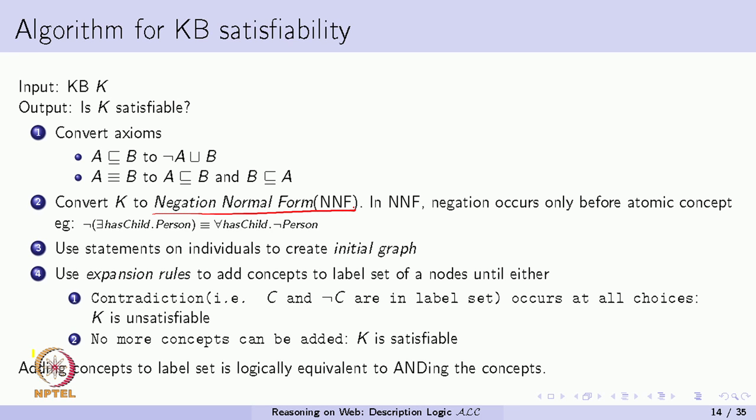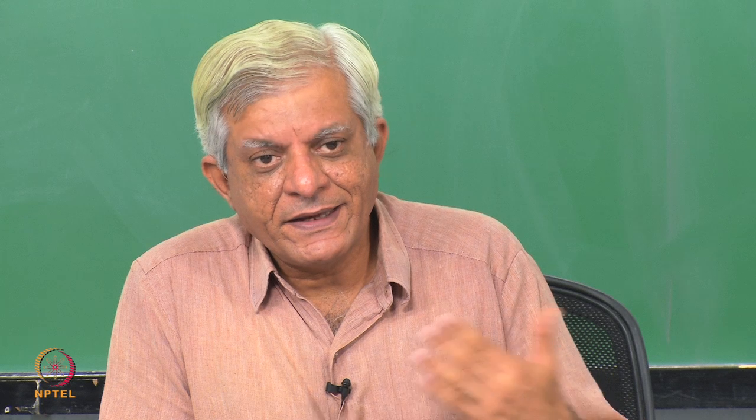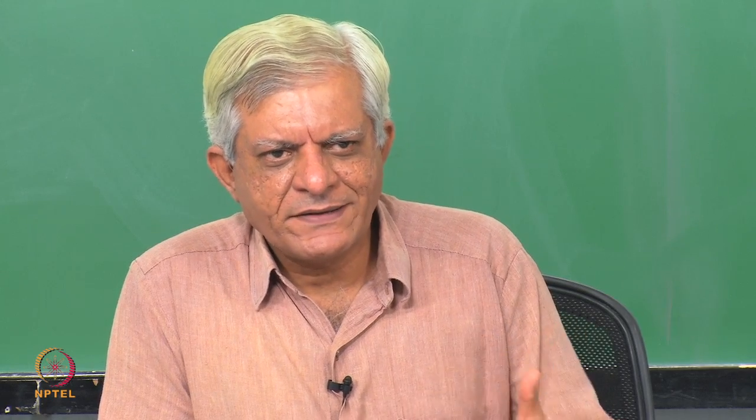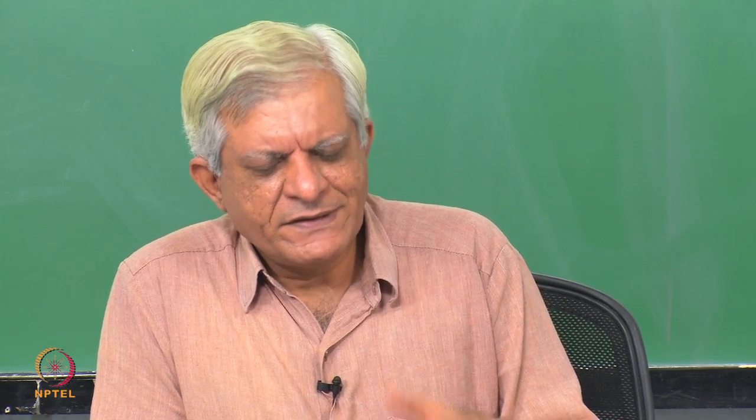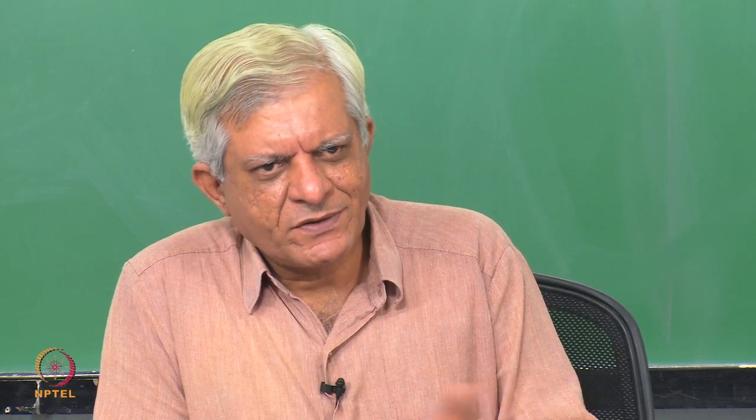We will see shortly how to do that, but one of the key steps is that you convert a statement like A is subsumed by B to not A or B essentially. If you remember, A subsumed by B is something like saying A implies B. So, for all x, A(x) implies B(x), which is equivalent to saying that either it is not A(x) or it is B(x) essentially.